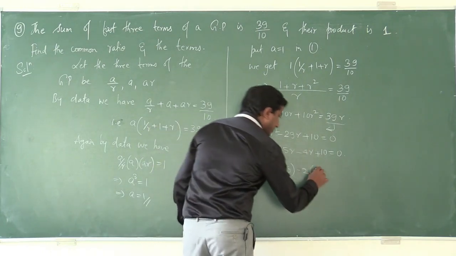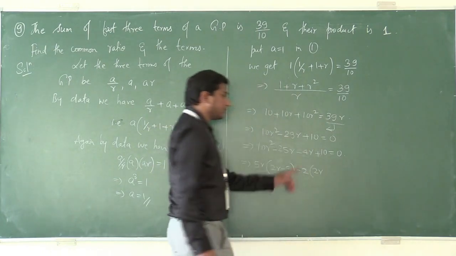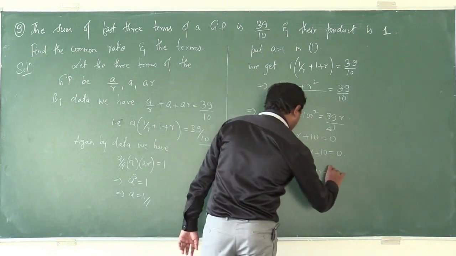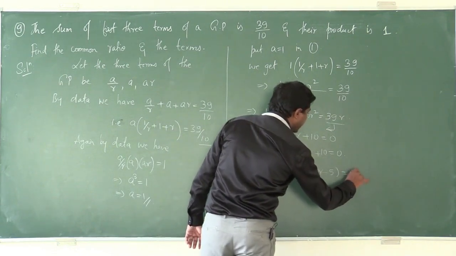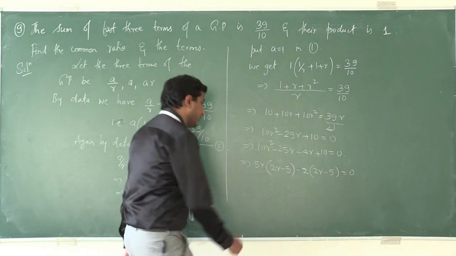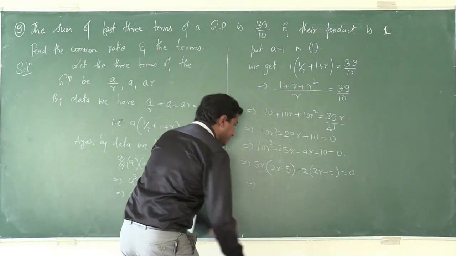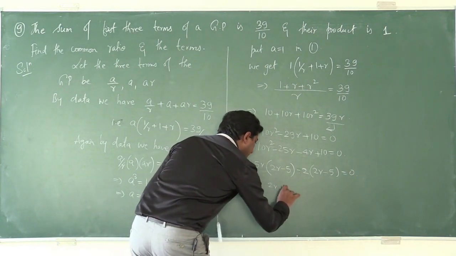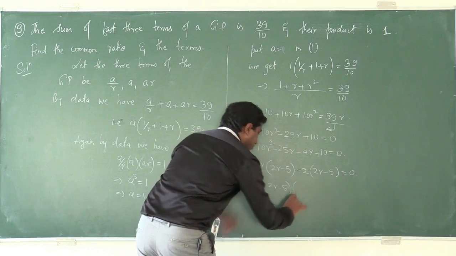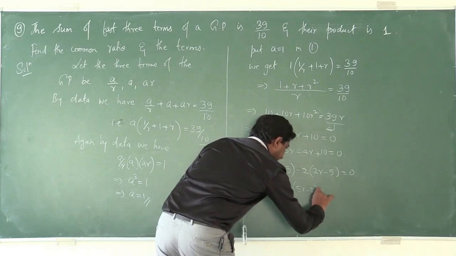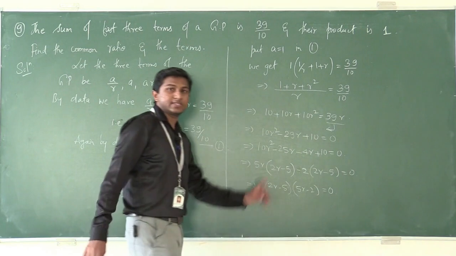What am I left with here? 2R minus 5. So we have 5R minus 2 into 2R minus 5 equals 0. On simplifying this, we get 2R minus 5 into 5R minus 2 equals 0.